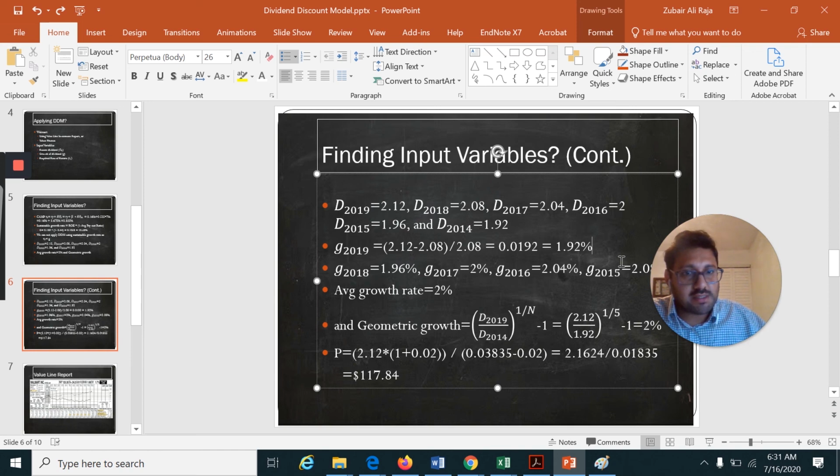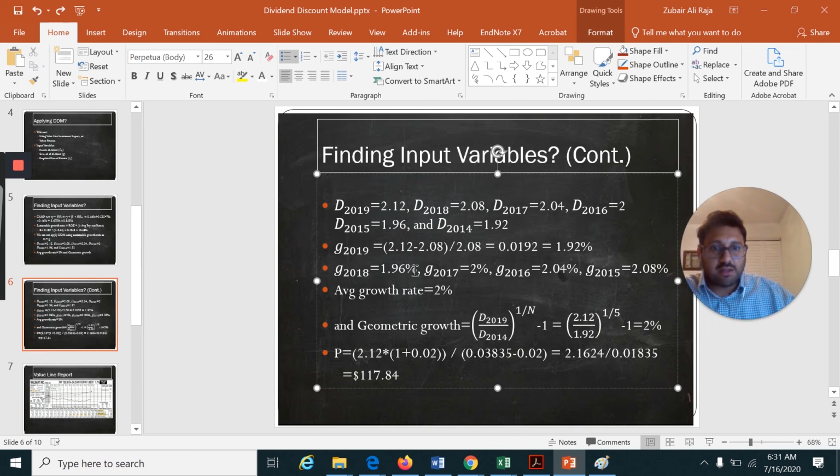Now, in the same way, find the growth rate of the dividend for 2018, 17, 16, and 15. If you do that, these are the growth rates for these respective years. Now add all of these 5 growth rates and divide by 5, and you'll get the average growth rate of 2%.